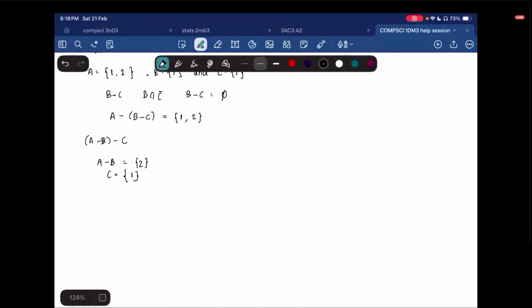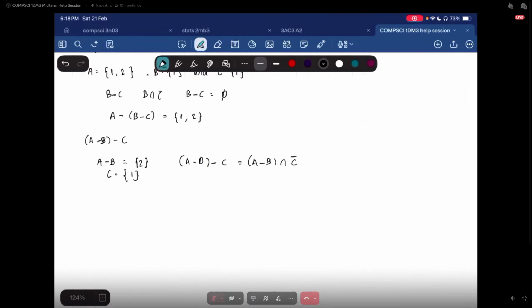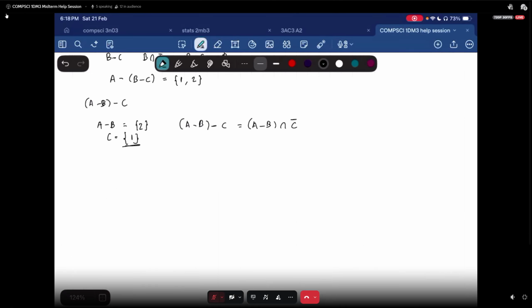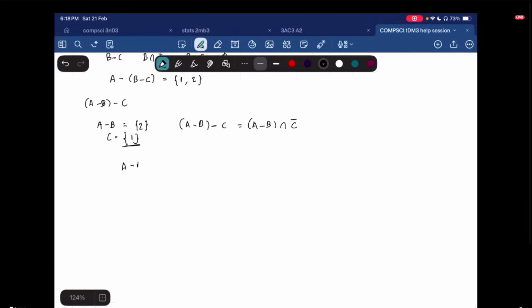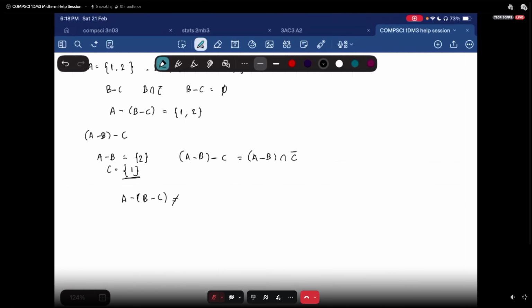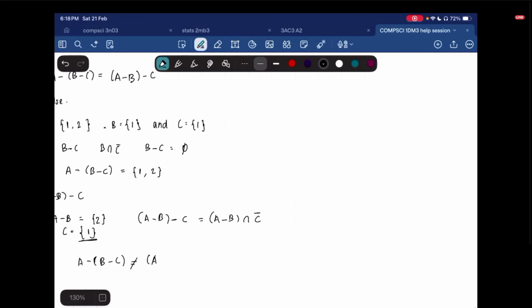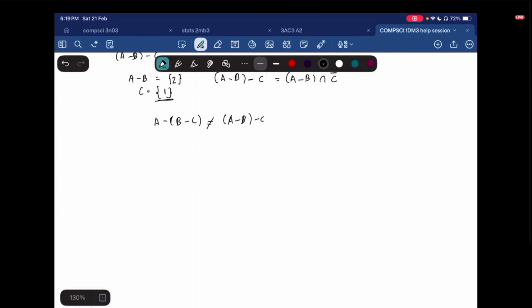So yeah, that's (A minus B) minus C is equal to {2}. And that's just this. So A minus (B minus C) is not equal to (A minus B) minus C. Okay. And then I'll go on to another subset inclusion proof.